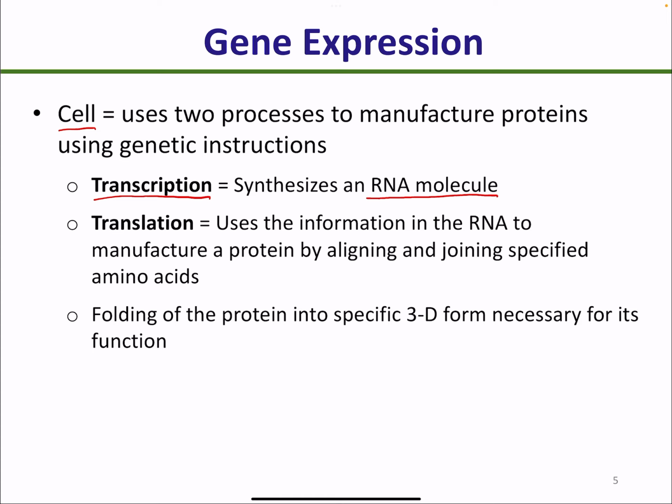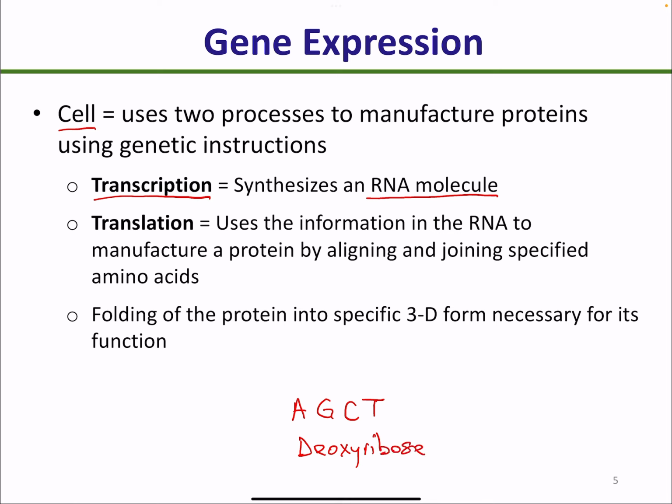Now, DNA and RNA are both nucleic acid molecules, right? However, we know that DNA contains as nitrogenous bases adenine, guanine, cytosine, and thymine. As a 5-carbon sugar, it has deoxyribose.